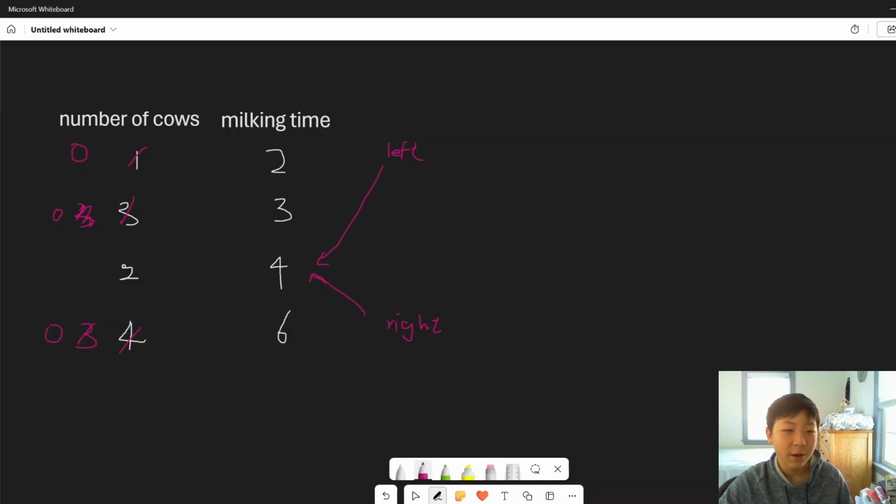Now because this cow has 2, we can just pair the 2 with each other. So we can just pair the 4 with itself, which is going to be 4 plus 4. And if we use the strategy of keeping track of 2 pointers, and every time they move, we take the maximum, we're going to arrive at our final result.